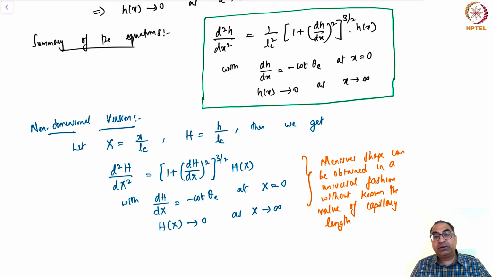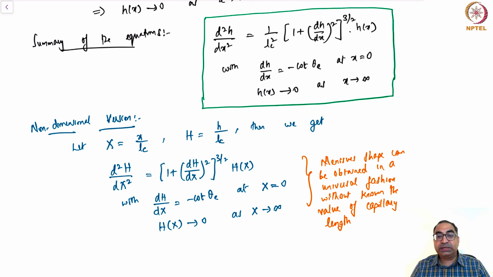Now the idea is that here in the curvature term we have a nonlinearity. This term in the square brackets, which is 1 plus dh by dx whole square whole power 3 by 2, that term is the culprit. It's nonlinear, and therefore getting a simple solution of this equation is not so straightforward.